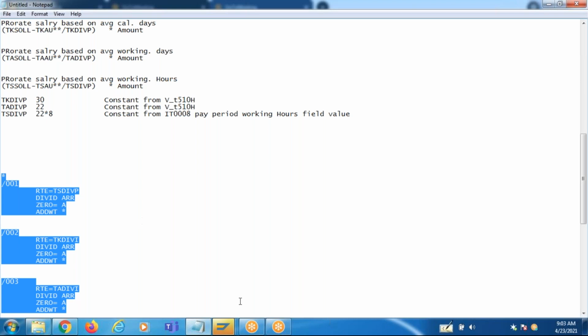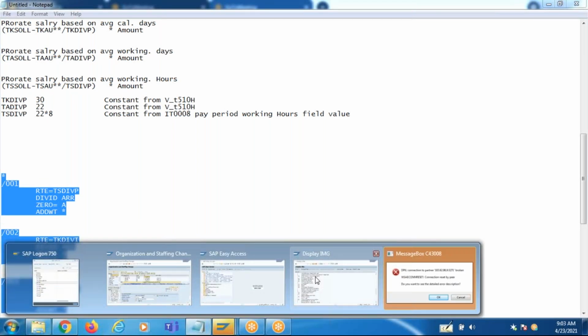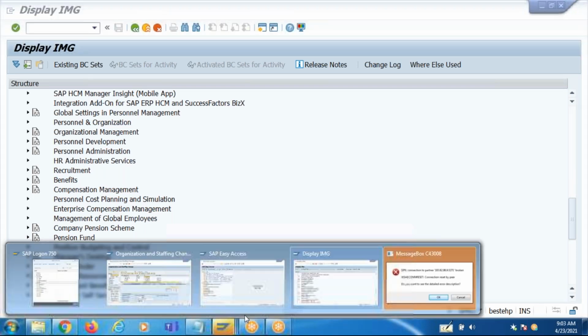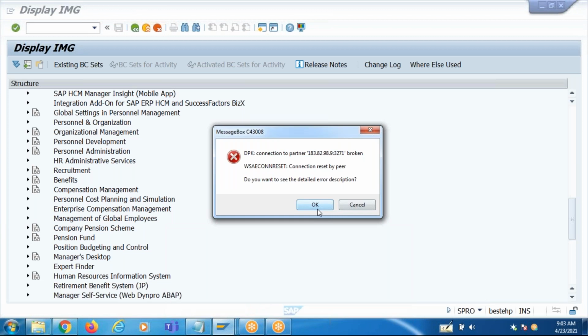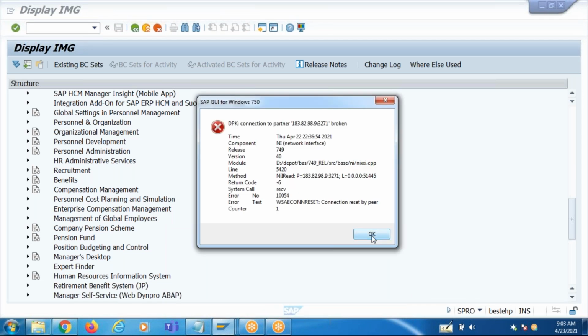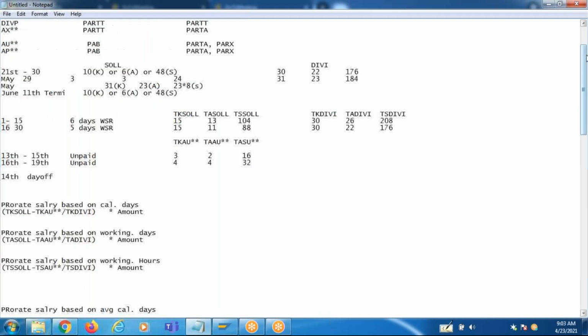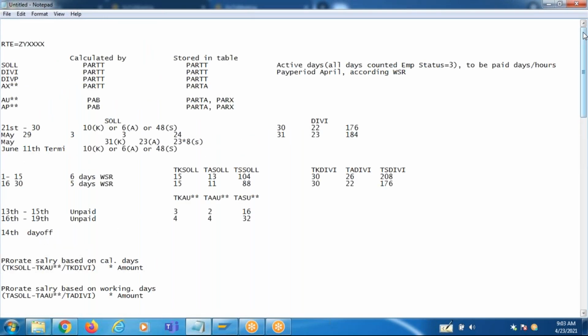So you do not have to write these rules. The other day we wrote the rules, right? I'll show you the rules tomorrow, guys. First let me show you how these parameters are calculated and then stored in tables.